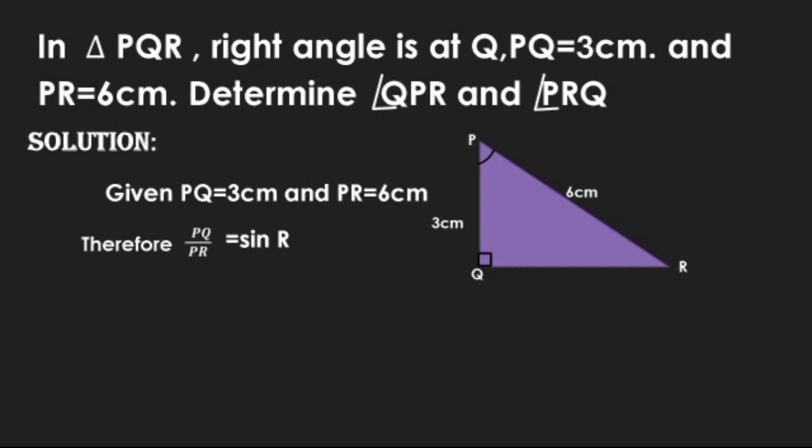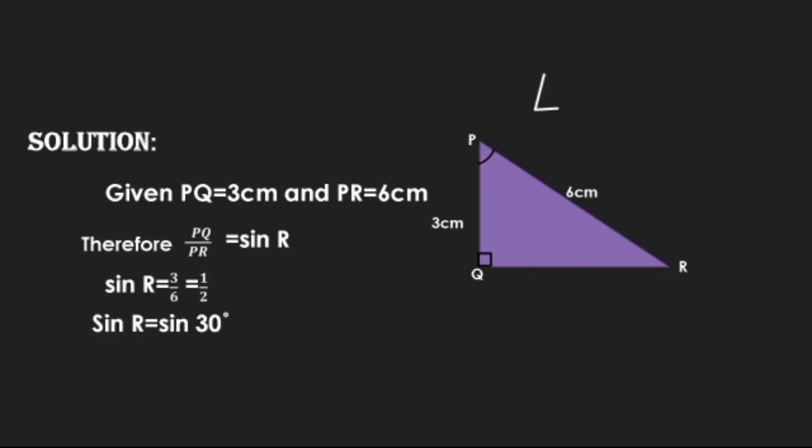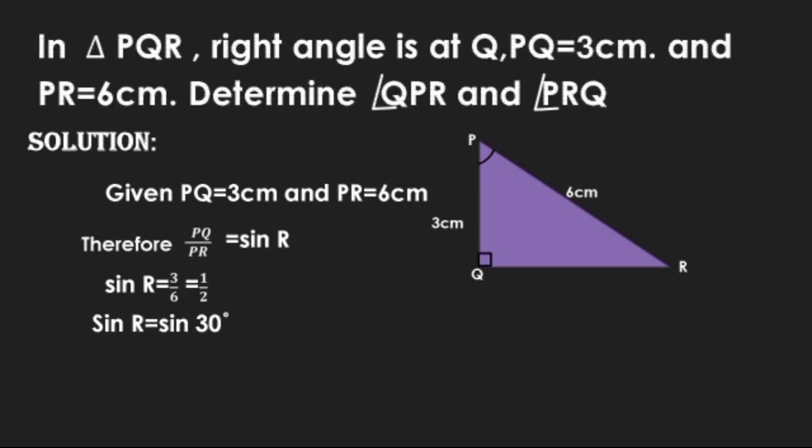So sin R is equal to 3 by 6, which is 1 by 2. In trigonometric ratios, sin 30 is equal to 1 by 2. So sin R is equal to sin 30 degrees. So angle PRQ is equal to 30 degrees.